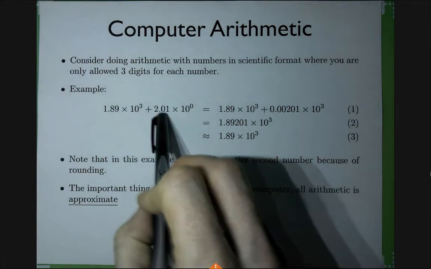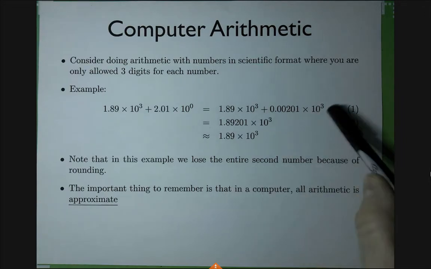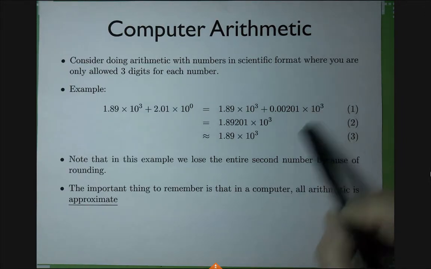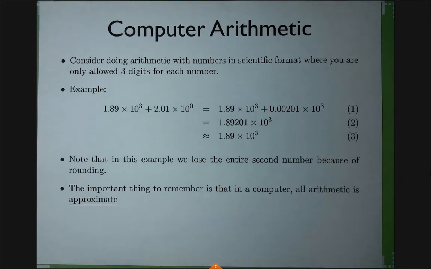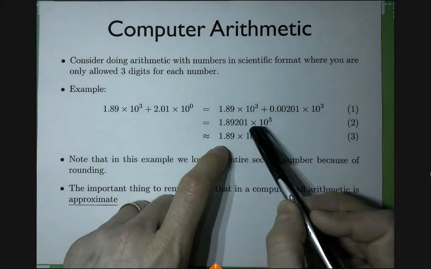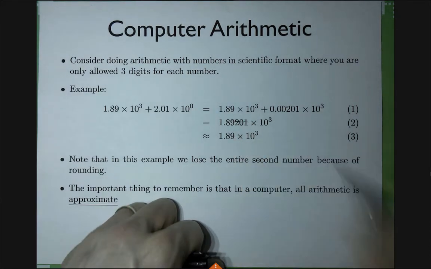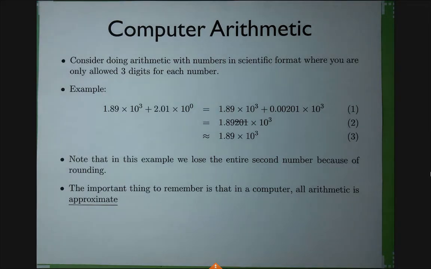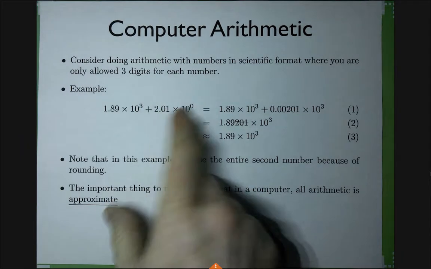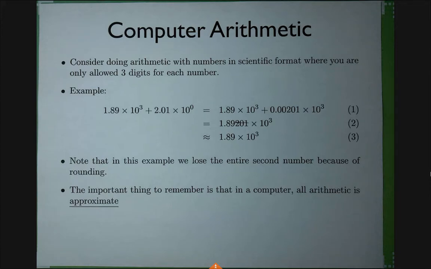So if I'm adding these two numbers, then I have to make both exponents 10 to 3. And because I am only allowing myself 3 digits of accuracy, this number will be completely rounded down to only 1.89. So in this case, again, we lose this completely. That's basically lost in the rounding error.